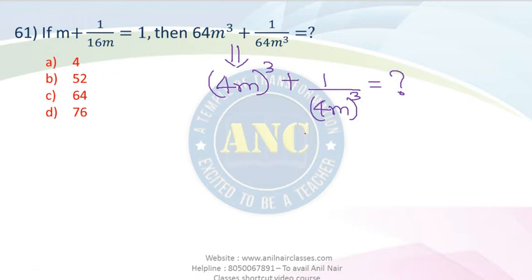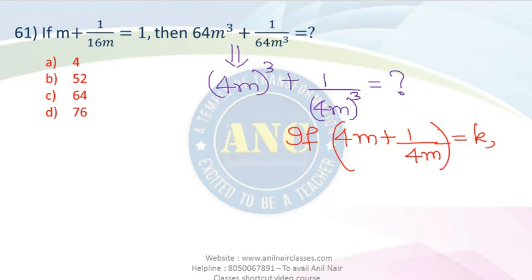Now, suppose I have 4m plus 1 by 4m value as some constant k. If 4m plus 1 by 4m value is known to me as some constant k, then finding 4m cube plus 1 by 4m whole cube is not at all a difficult task.